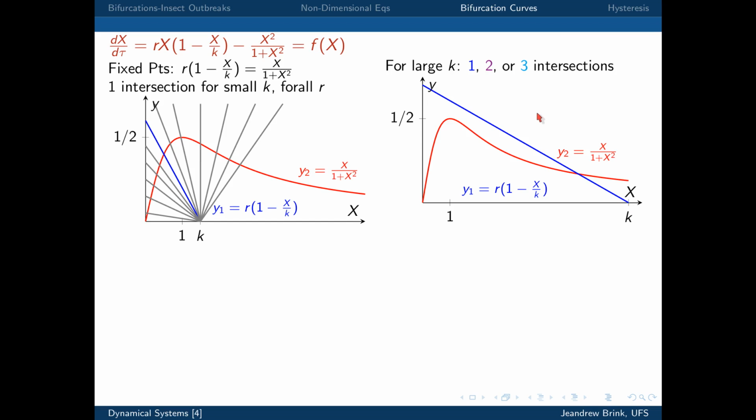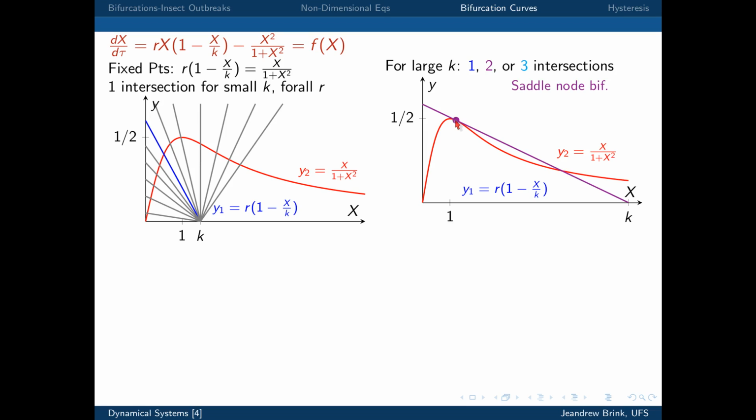So firstly, if r is large, there's only one intersection. If we decrease r, eventually this line will become tangent to the hump, and we will have basically two intersections, this one and at the hump.